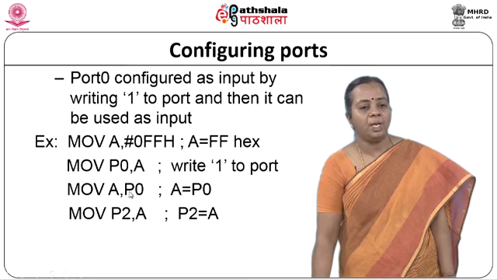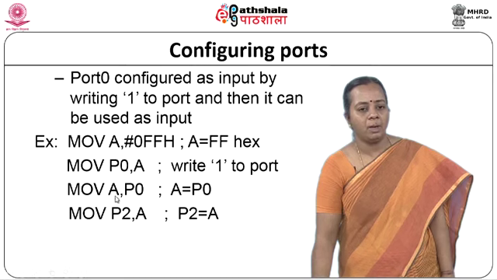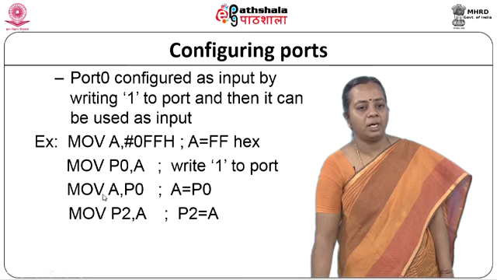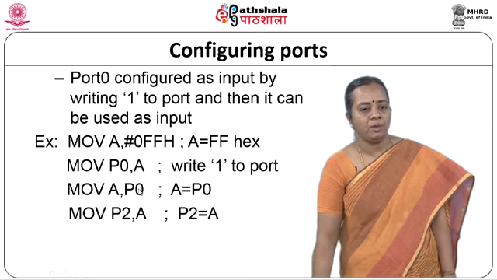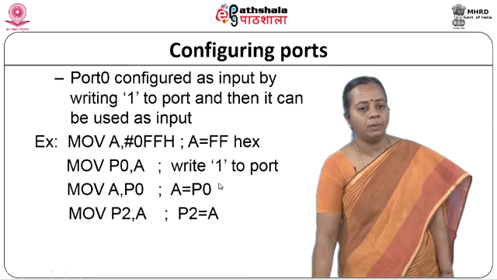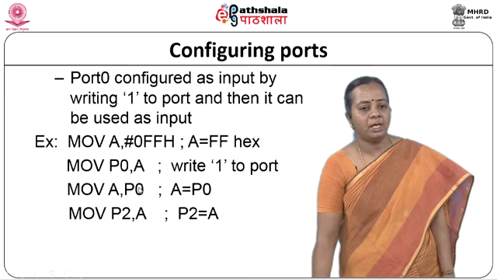Because of that, P0 no longer has a value of 1s. Remember, in MOV P0, A the 1s are sent outward, but in the statement MOV A, P0 the P0 content is moved to A. It does not mean that this FF is moved to A now. If P0 is connected to some input device, then whatever data is read by P0 is given to your A.